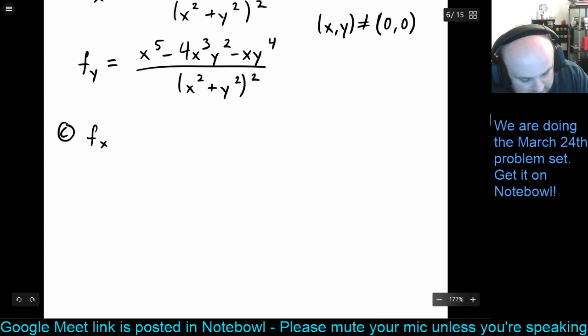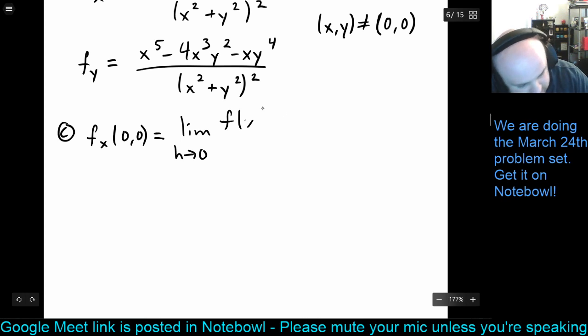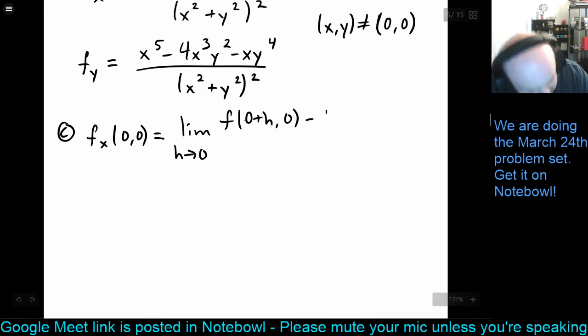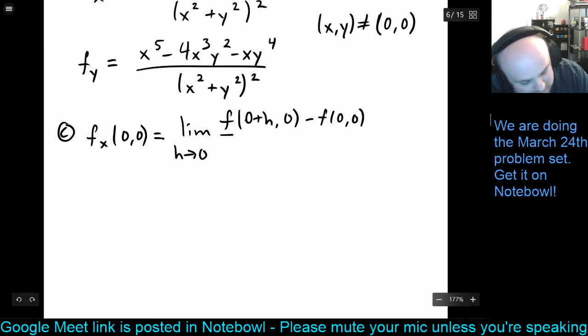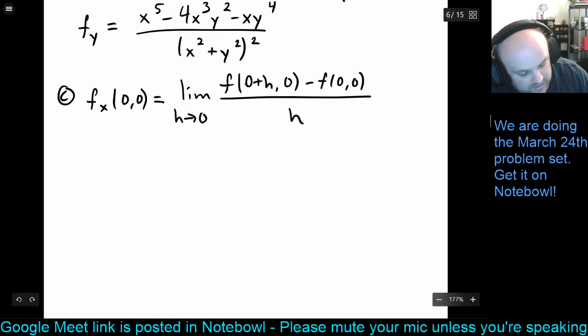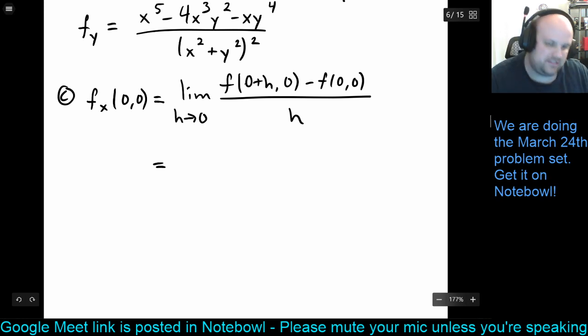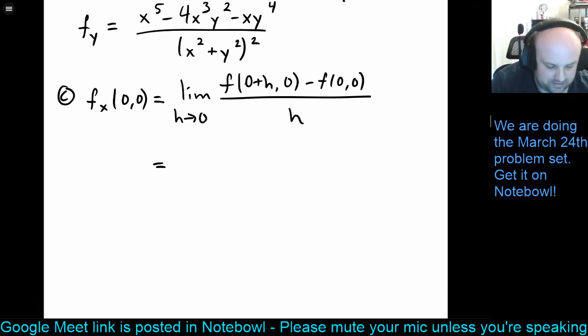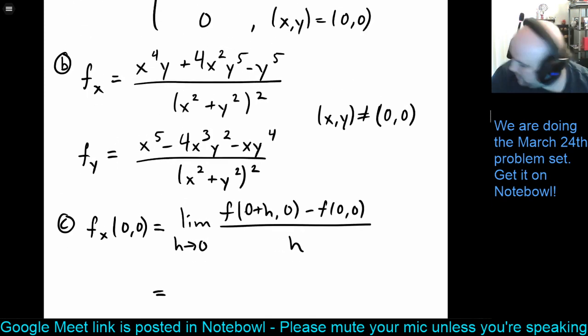So if I want f_x at (0, 0), I have to take the limit as h goes to 0 of f of (0 plus h, 0) minus f(0, 0), over h. And the nice thing here is this doesn't wind up being too complicated of a problem.